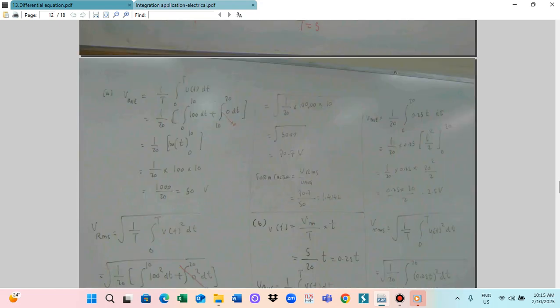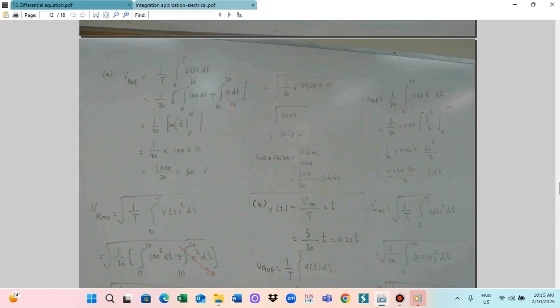Okay, we start substituting for the first waveform. The average is 1 by T, integration 0 to T, v(t) dt.